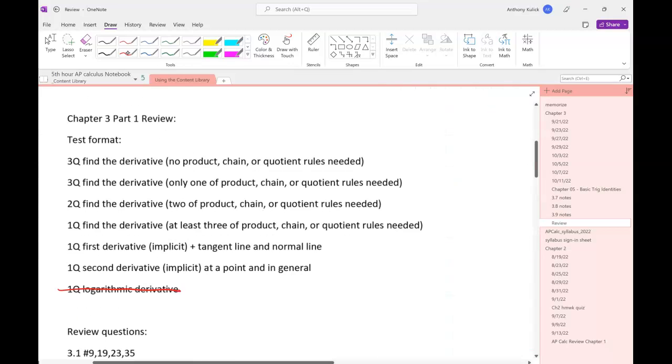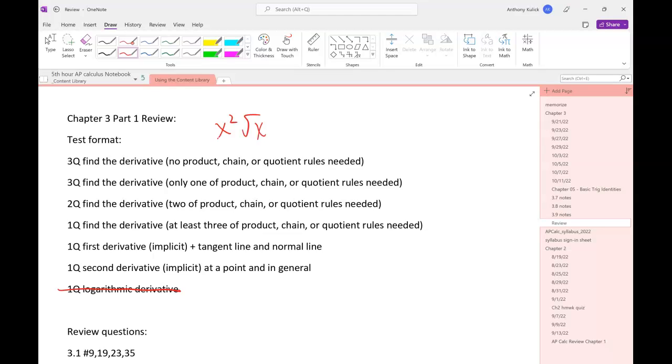I have 3 questions where I ask you to find the derivative, and all those problems could be done with no product, chain, or quotient rules, although you could use them, but there'd be algebraic ways to work around it. Everybody's okay with that? I might have something like x squared times the square root of x.